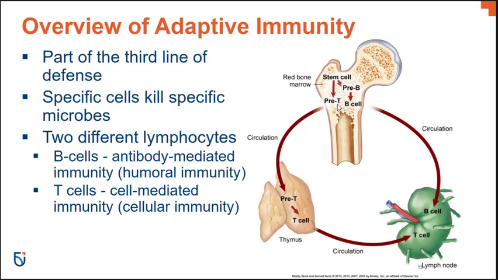B cells, however, are going to mature primarily in the bone. So think of B for bone cells. And so this will happen before they enter into circulation, where they will then travel to lymph nodes as well as the spleen, where they'll be involved in our immunity.